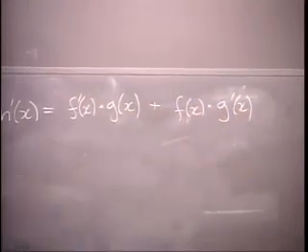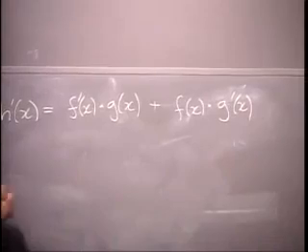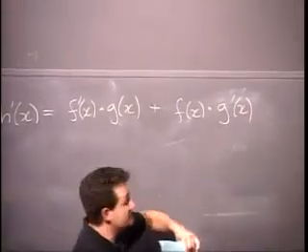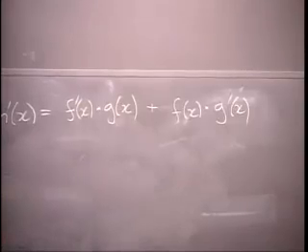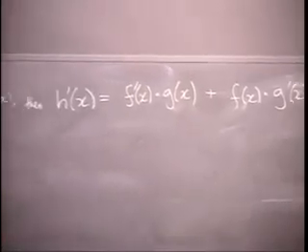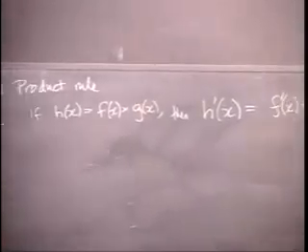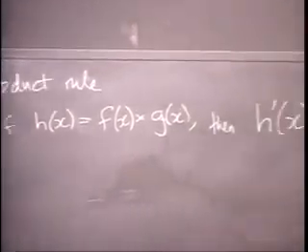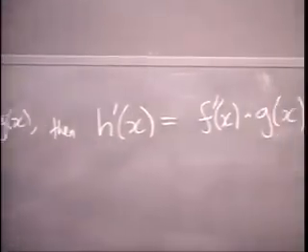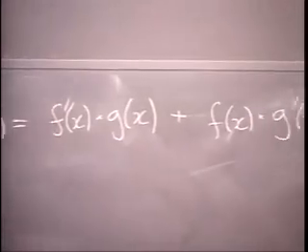So that's often how it's written. Sometimes, and perhaps even in my book, I forget, this could be g prime times f, but of course products are commutative. So you take the derivative of one times the other plus the first one times the derivative of the second. You never actually multiply the two derivatives together.